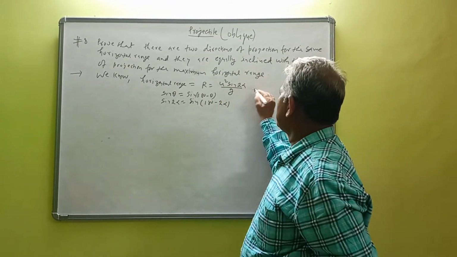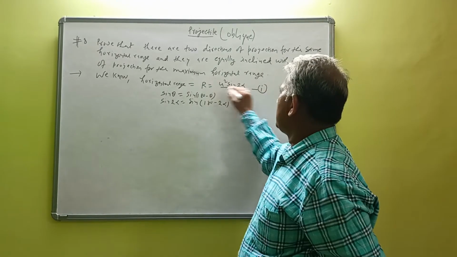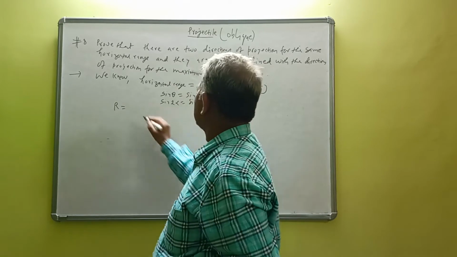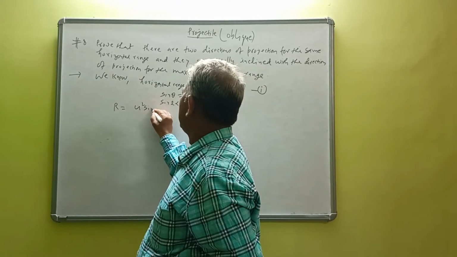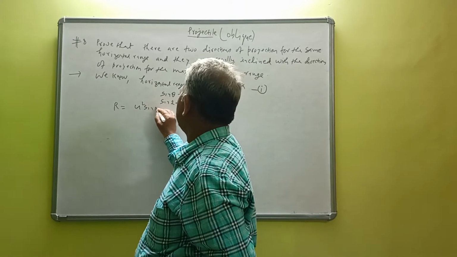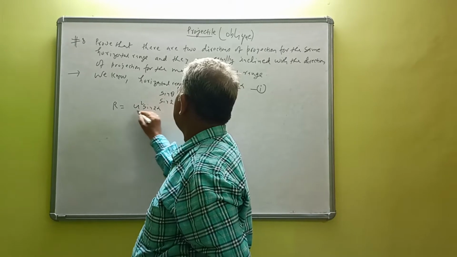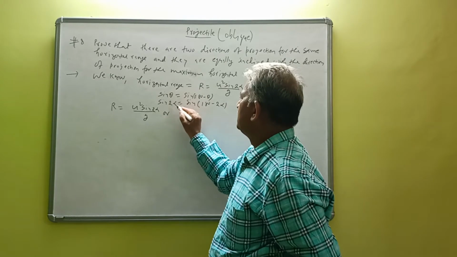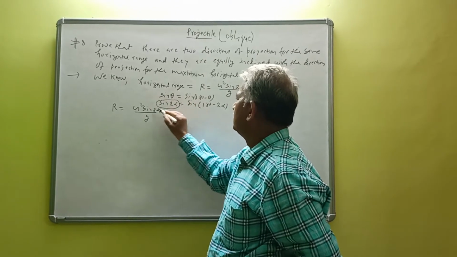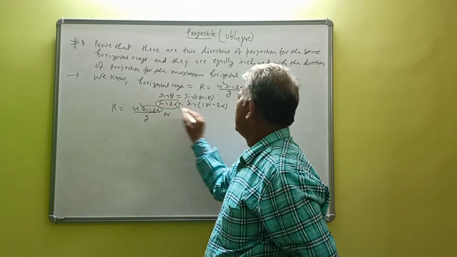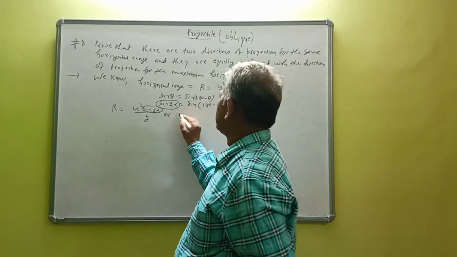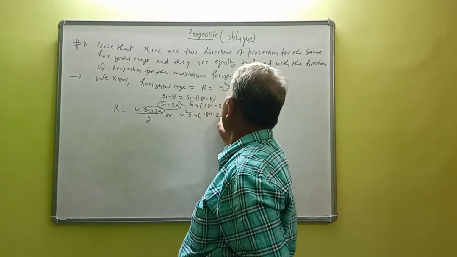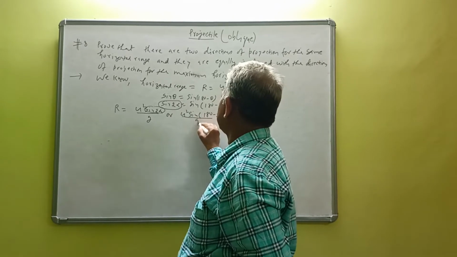So the same horizontal range, which is in the first relation, can be written as R = U square sin 2 alpha by G, or instead of sin 2 alpha we can write sin 180 minus 2 alpha also. So U square sin 180 minus 2 alpha by G.